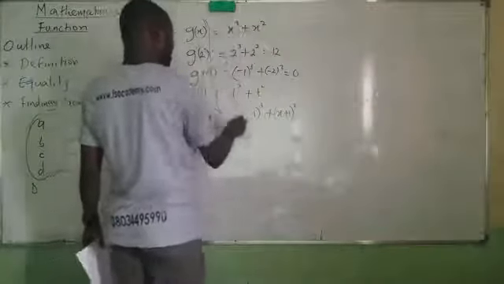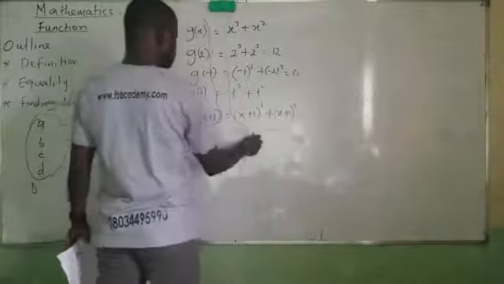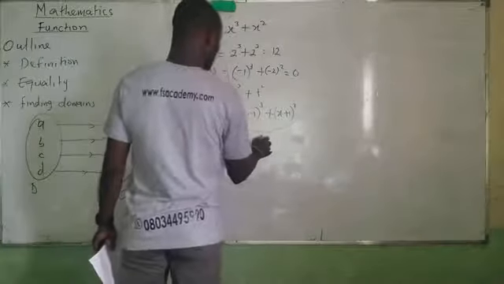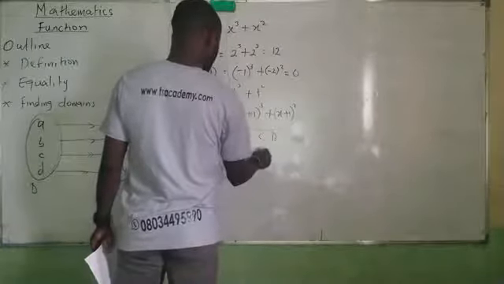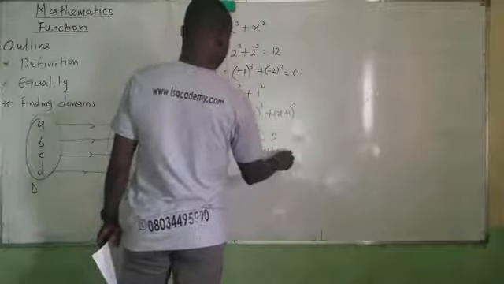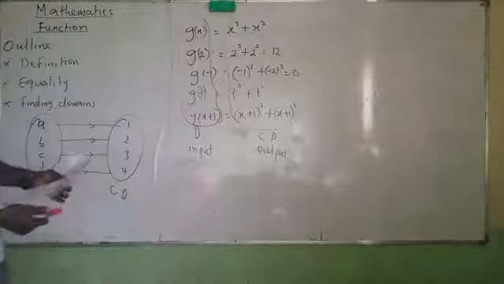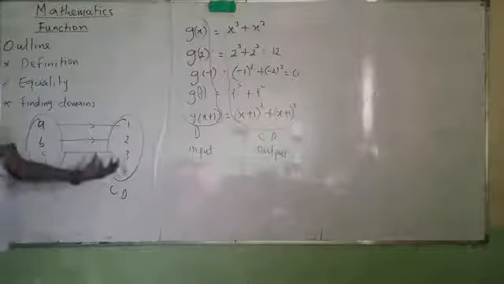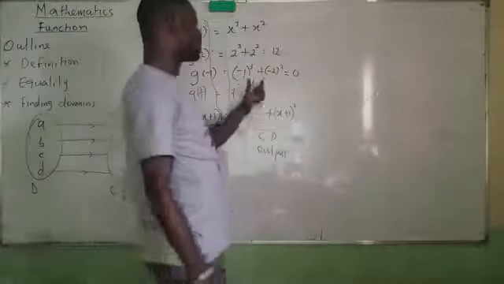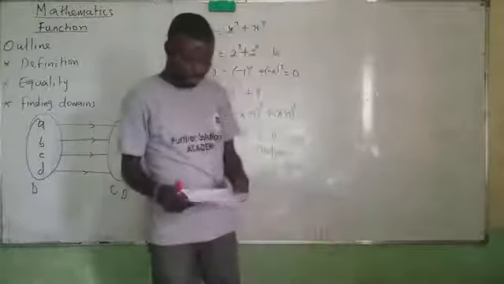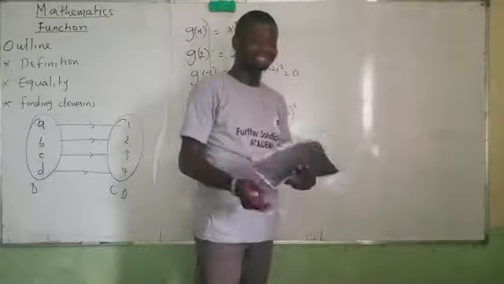Everything we are having here is known as the output, which is known as the co-domain. Can you see the application part of it? The function and the result of the function. That is what we need to understand at this point.